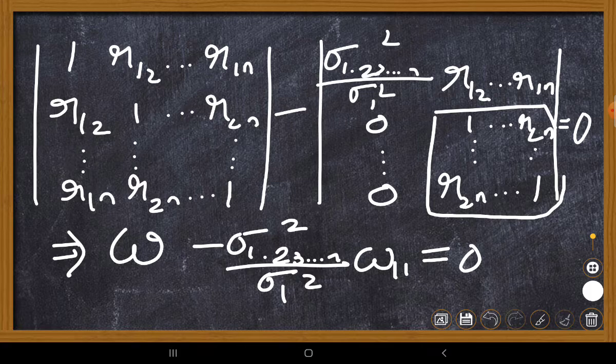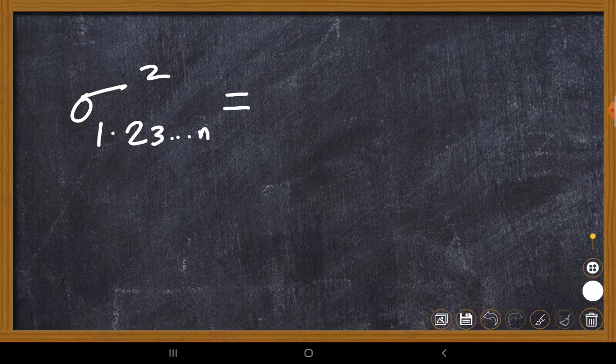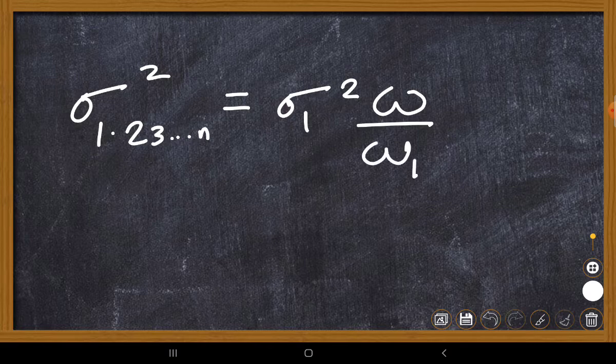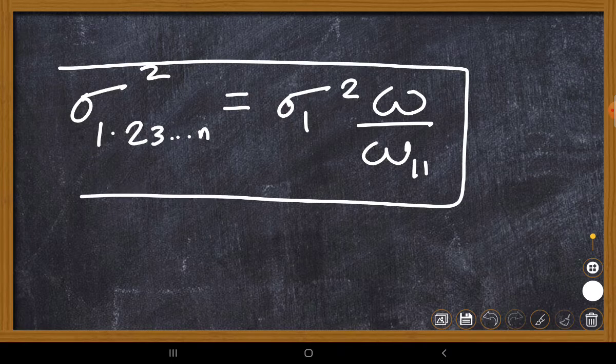So finally you will have your variance of the residual equal to sigma 1 square omega divided by omega 1 1. This is the required variance of the residual of x1 on x2, x3 up to xn.